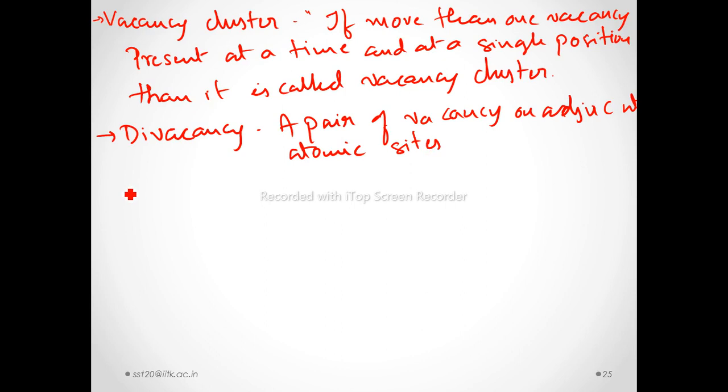So that can be given by this notation: n of 2v equal to the total number of pairs into the probability that the given pair is a vacancy.